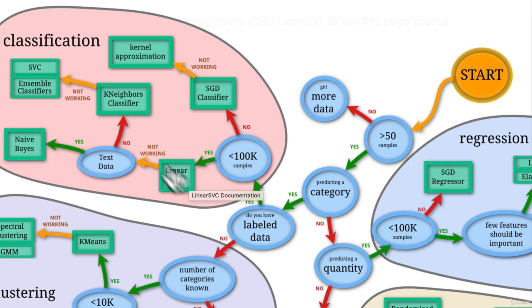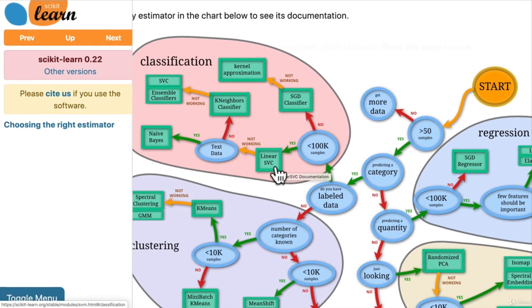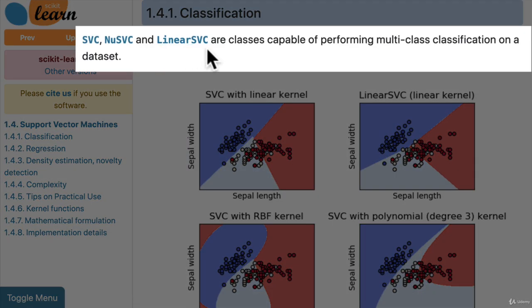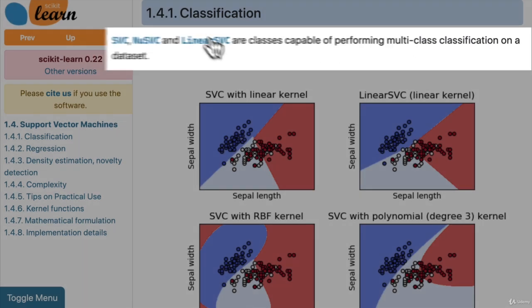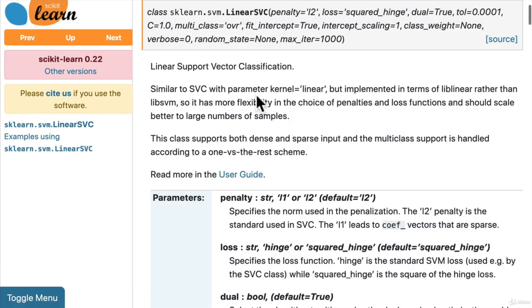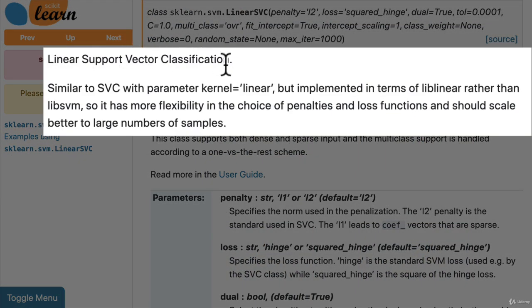This is telling us our problem's classification, and maybe the first one we come to is trying a linear SVC. Well, all right. Classification. SVC and linear SVC are classes capable of performing multi-class classification on a dataset. Well, this one particularly said linear SVC. So let's have a look. Linear support vector classification.